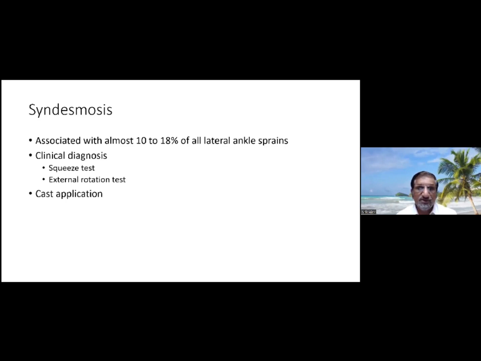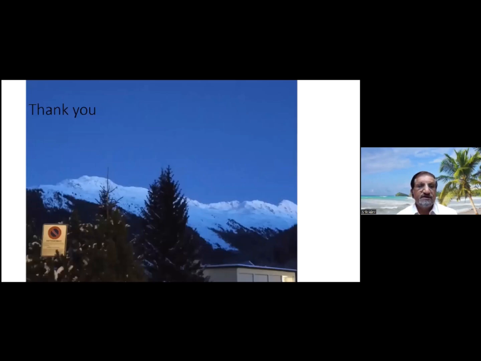If the tests are still positive, then he goes ahead with an MRI to assess how bad the syndesmotic injury is, and then plans for a surgical intervention in these cases. So that's about it, kind of summarizing the whole thing. And I would be open to opening up the discussion for this particular topic.